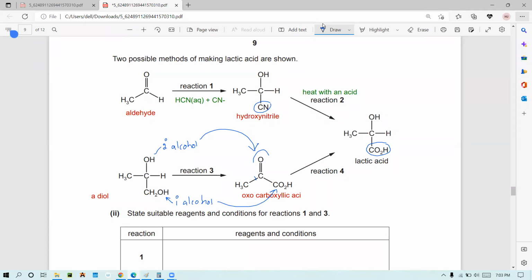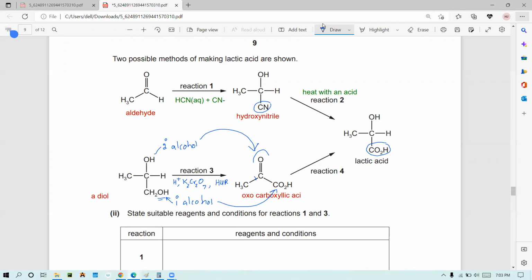So here we have to use acidified, which I write as H+, acidified potassium dichromate, K2Cr2O7. We have to use heat under reflux. If you use heat under reflux, primary alcohols go to carboxylic acid.